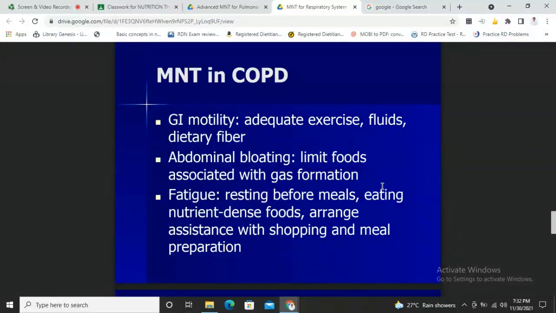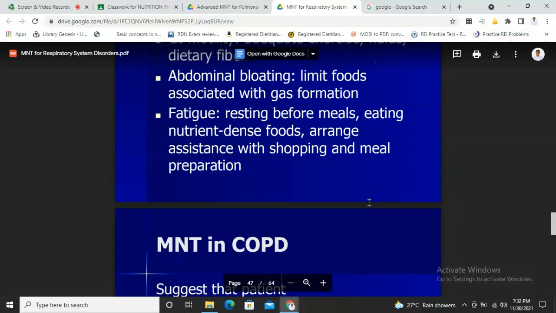So dili na nila makaon tanan, so dili nila ma-meet ang ilahang calorie as well as nutrient needs. So if maggamit tag ONS as a supplement, ma-boost na ang energy and nutrient intake.